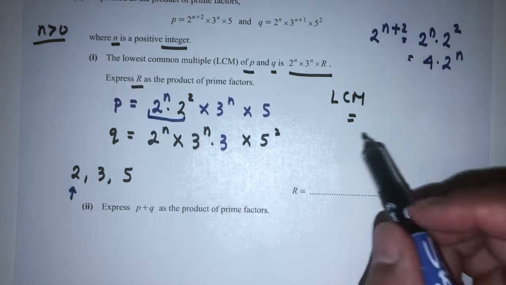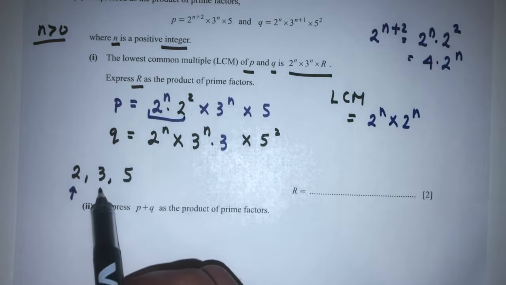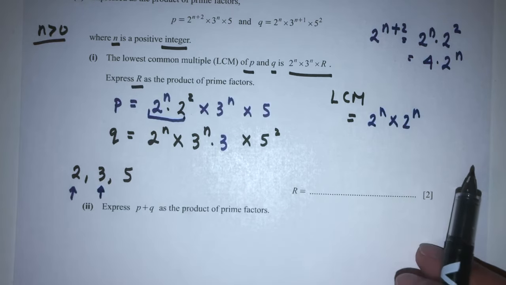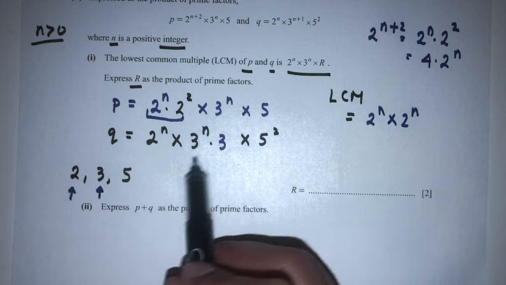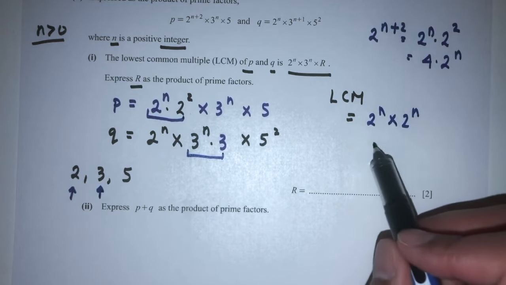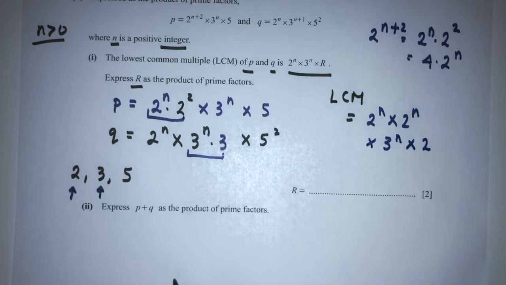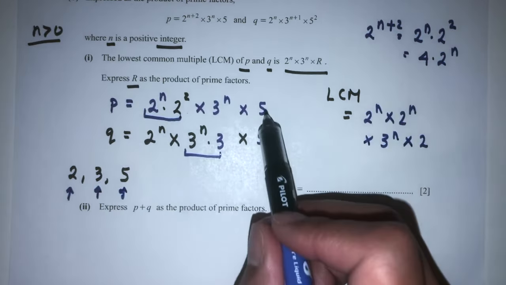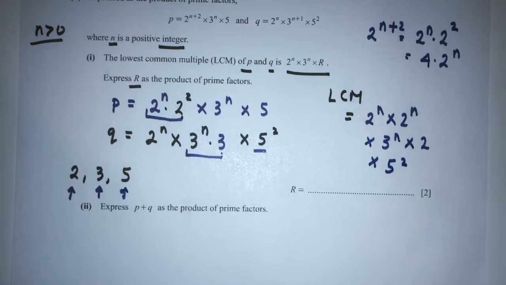I will take this one. Now for this one, where does it happen the most? Here we have 3 power n, here we have 3 power n times 3, so I'll take this one. Okay, and for this one, where does it happen the most? Obviously here, so we will multiply by 5 power 2.